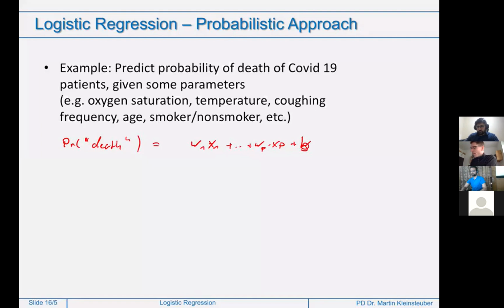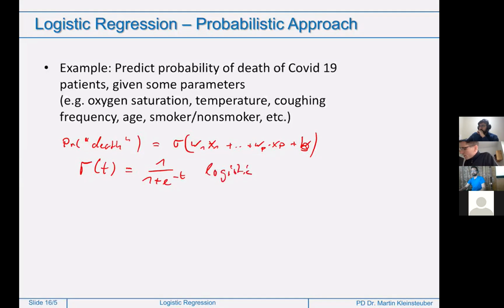And of course, the linear combination of these input parameters is not a probability function. So what you do is you squeeze that into a function that maps any real number into the interval between 0 and 1. And this sigma is called, sigma of t is defined by 1 over 1 plus e to the minus t.